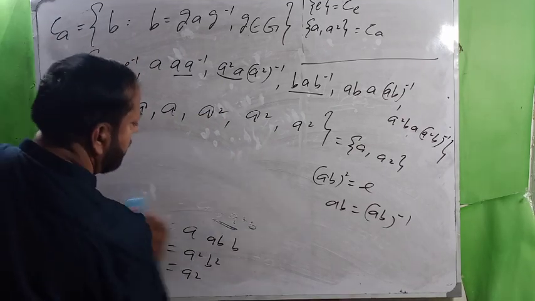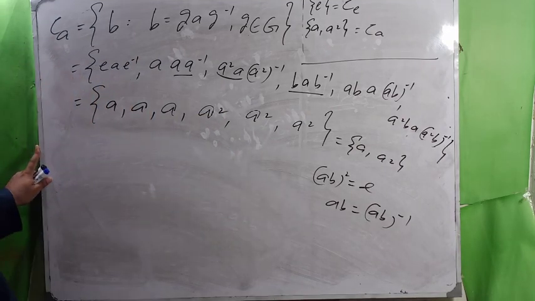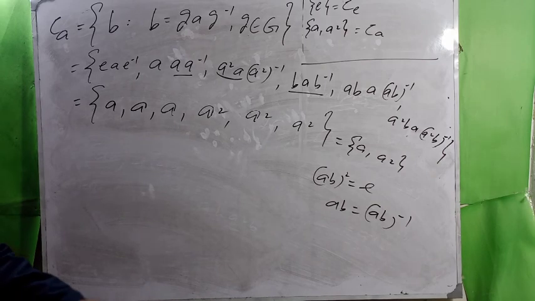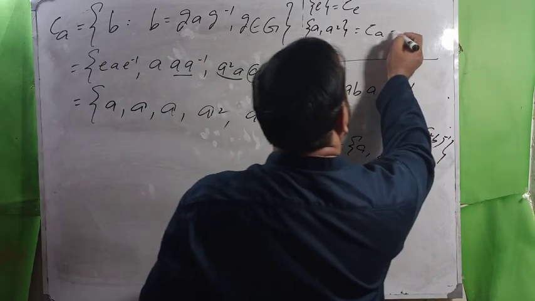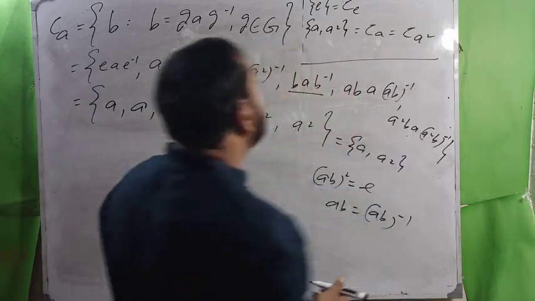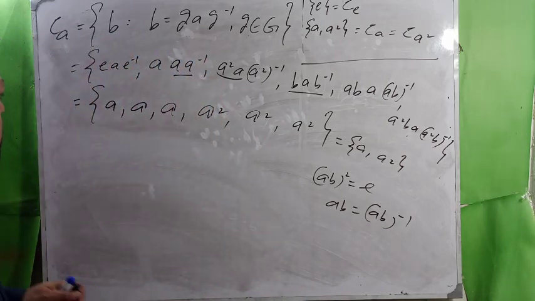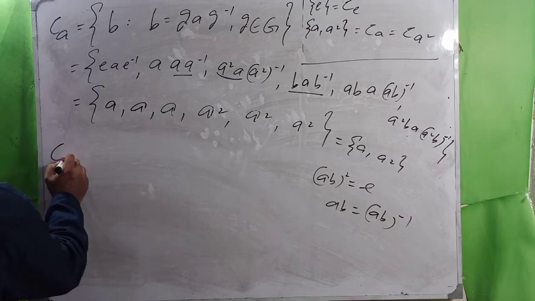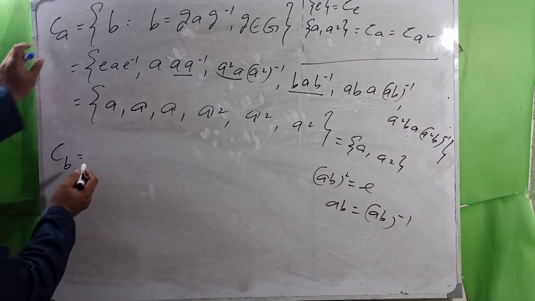Okay. The third conjugacy class: we have seen that this is also equal to CA square, and you have another conjugacy class CB. How will you find it?